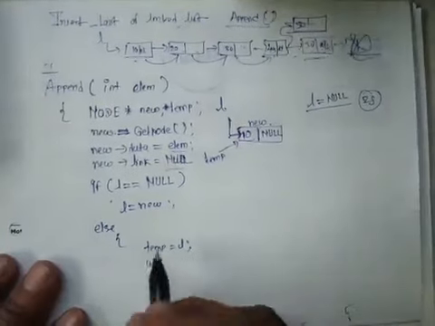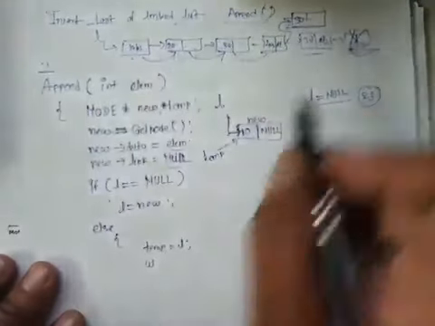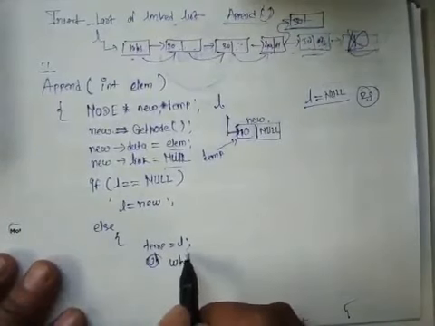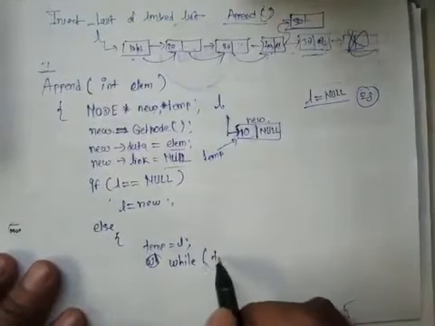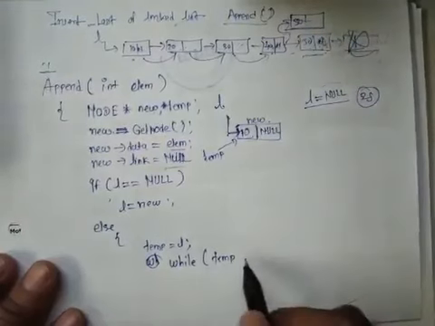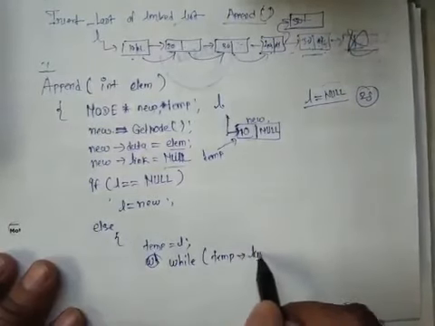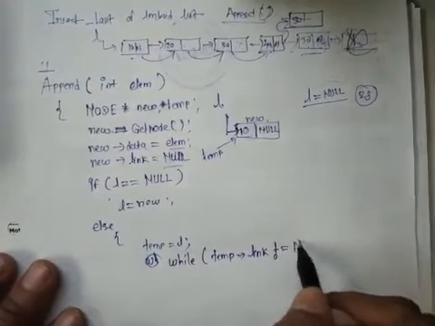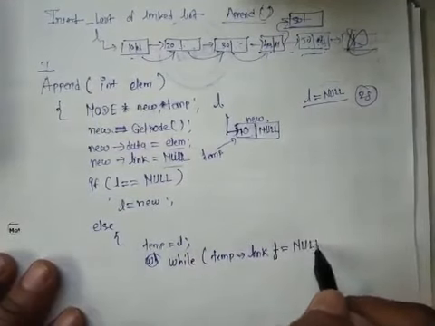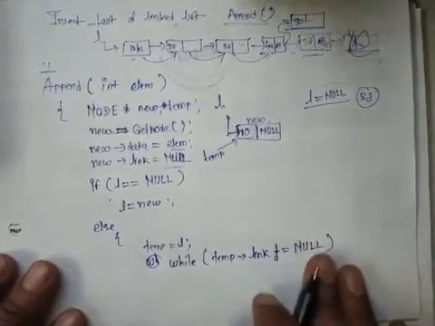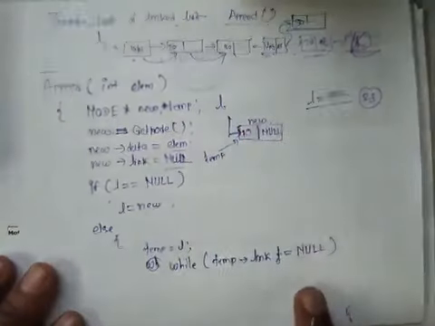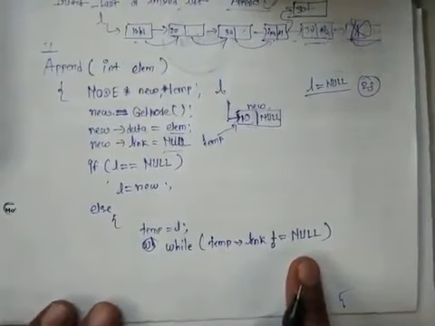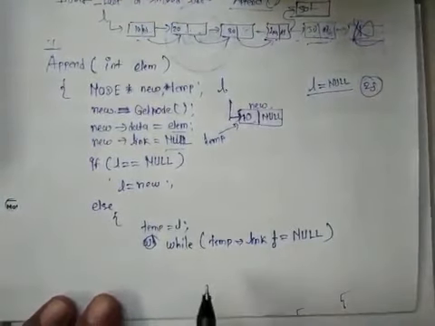I want to traverse from the first node to the last node, so I'm going to use a while loop. While temp of link is not equal to null, we are going to traverse.